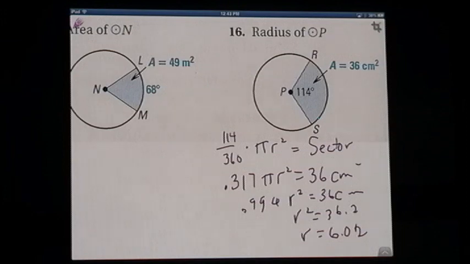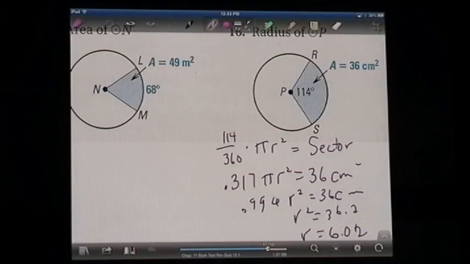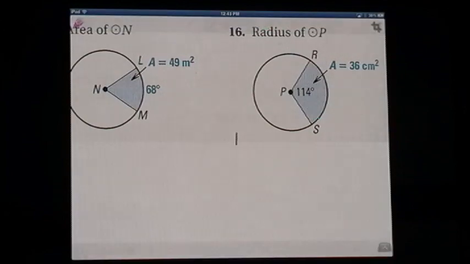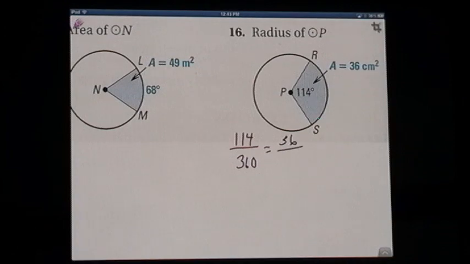Okay, that's one way to work that, but those of you who don't like using the book's way of doing things might want to set this up as a proportion and say 114 degrees over 360 is equal to 36, which is the area of the sector, over the area of the whole thing. We get 114a. 36 times 360 is 12,960.